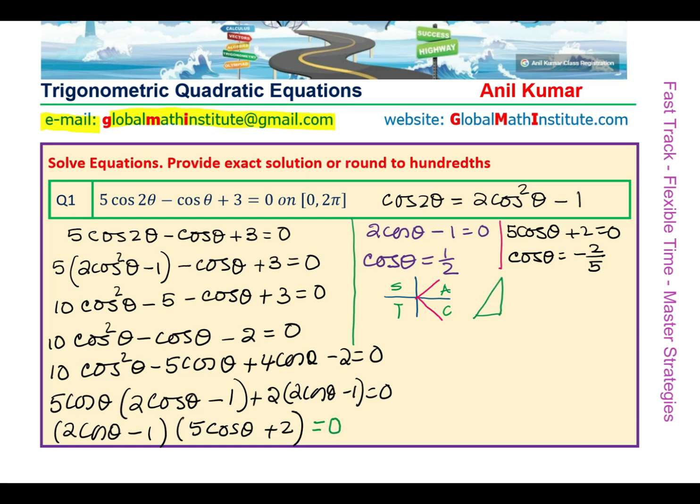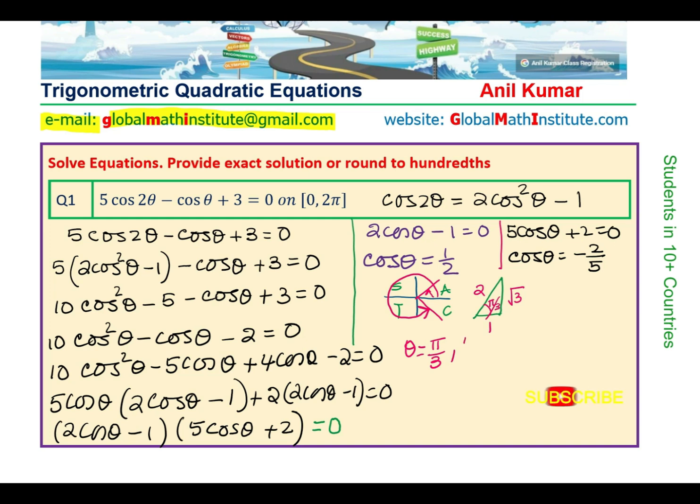We need not use a calculator. And the angle is pi by 3. Pi by 3 gives you half. And therefore, we know theta is equal to pi by 3 and this angle, right? Which is 5 pi by 3.